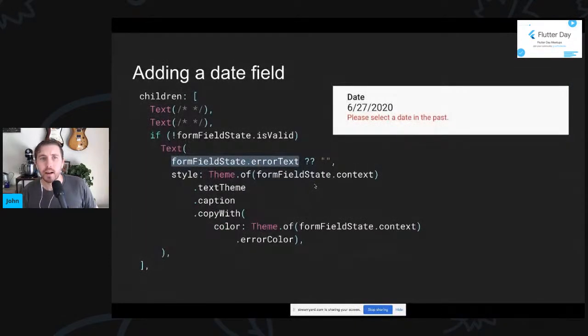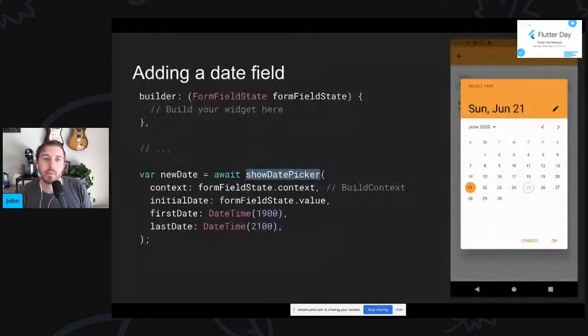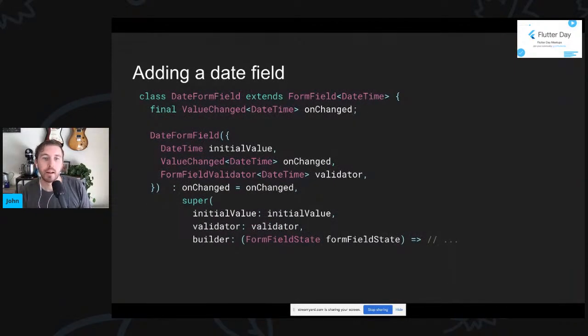So the one final thing we want to do here, I've got in my build method a few text elements. You can see I'm putting a label there. I'm showing the date. One final thing that will be important later is we've got this form field state object that is passed to us. So if we go back here, you can see at the very bottom here, we've got this form field state object.